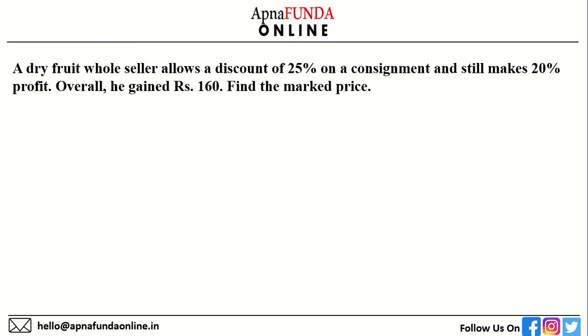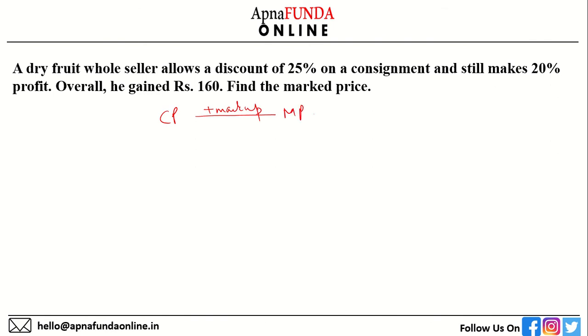Next question. A dry fruit wholesaler allows a discount of 25% on a consignment and still makes 20% profit. Overall, he gained rupees 160. Find the mark price. Okay, let's solve this. So we know that cost price, there is always a markup which gives me a marked price.